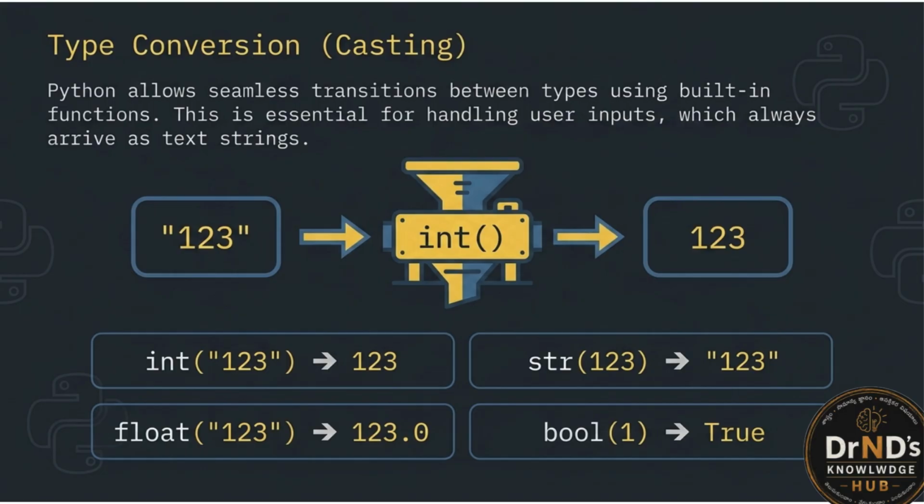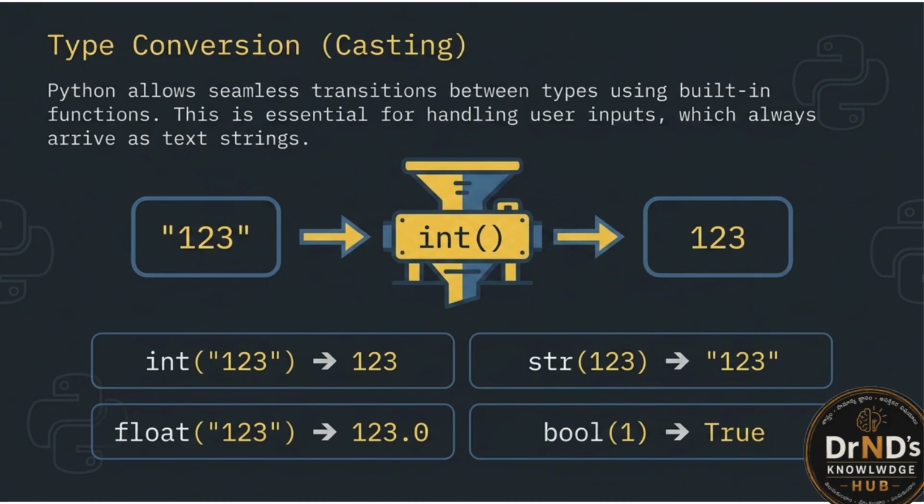Let's look at a real world example. Suppose a user enters their age. age = "21". At this stage, age is stored as a string. If we want to calculate age + 5, Python will produce an error because strings cannot be directly added to numbers.